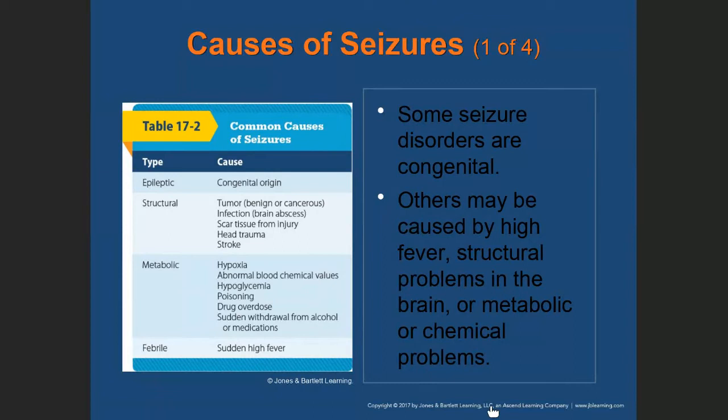So some seizure disorders are congenital. That's epilepsy. They have been diagnosed with it. Others may be caused by high fever, structural problems, brain or metabolic or chemical problems.